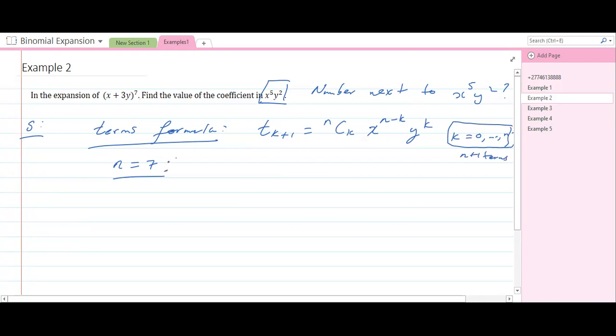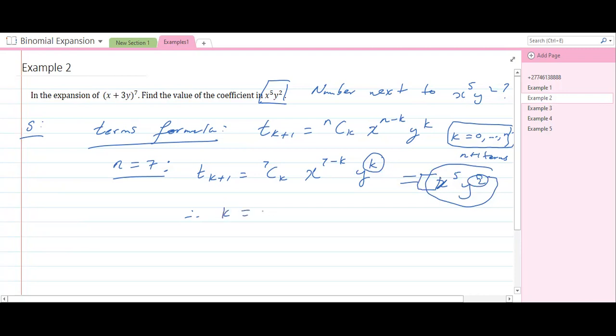So solving this, you can say t k plus 1 is equal to 7 choose k x to the power 7 minus k y to the power k. Now we want y squared, since we're just comparing this to x to the power 5 y squared. So we want y squared, therefore k is equal to 2.